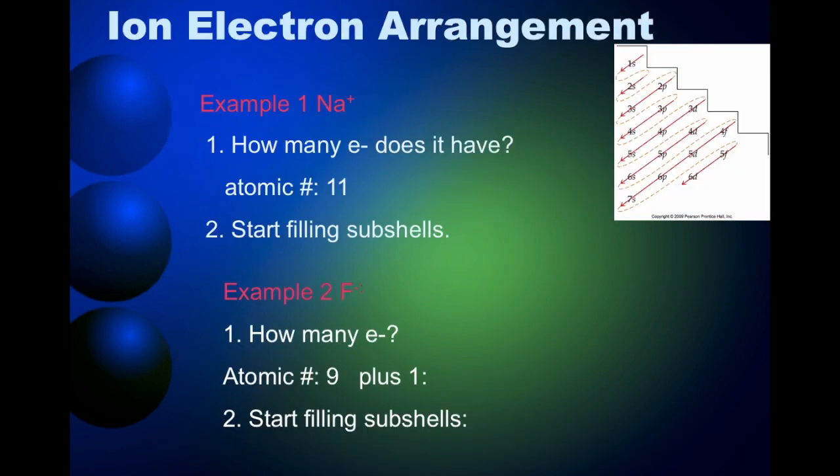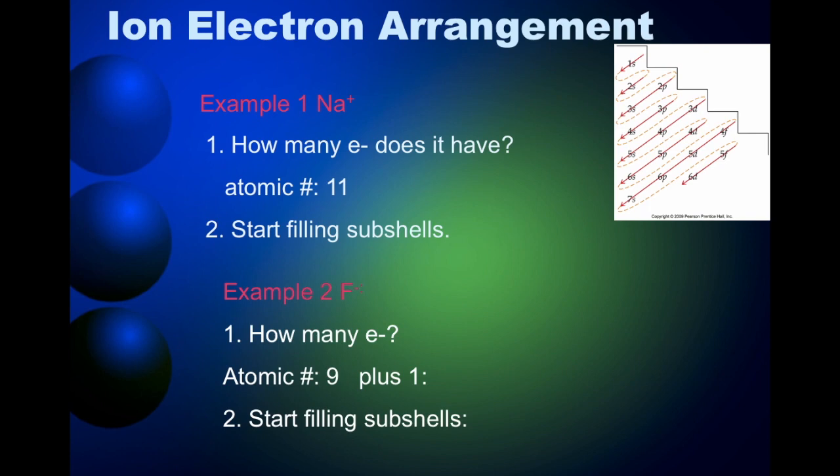Okay, now I'm going to show you how to do the electron arrangement of ions. The reason we're going to do this is to show you why elements behave the way they do, because they tend to form ions so that they achieve a noble gas configuration. Let's start with sodium, which tends to form ions of +1, so it's Na+.